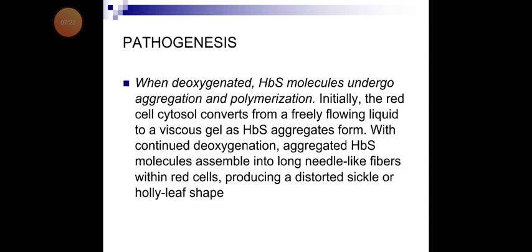So students, remember, repeated deoxygenation and oxygenation will make it irreversible. On one deoxygenation the sickle cell may convert back to a normal round shape, but if deoxygenation episodes appear repeatedly, then it is permanently distorted.